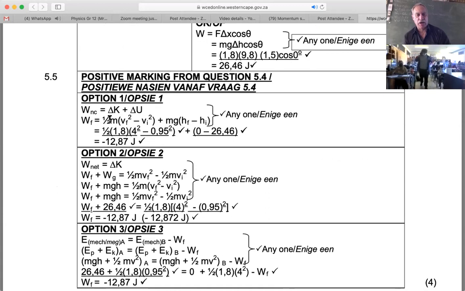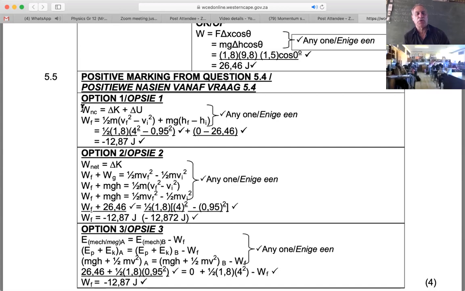So we plug in, and look what they do. They put a bracket there: half m, then v final minus v initial squared, plus mg, h final minus h initial. And then they get the amount of non-conservative work or energy done.